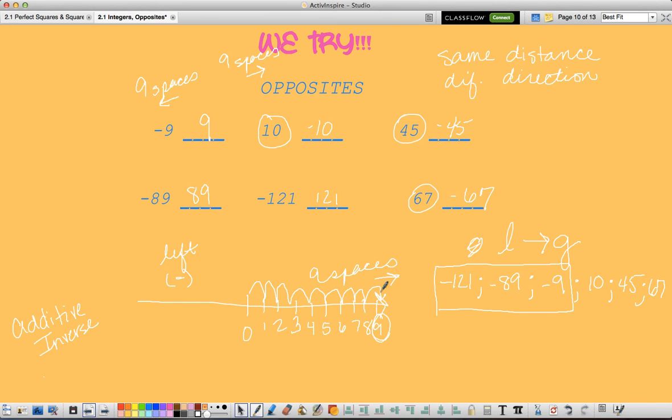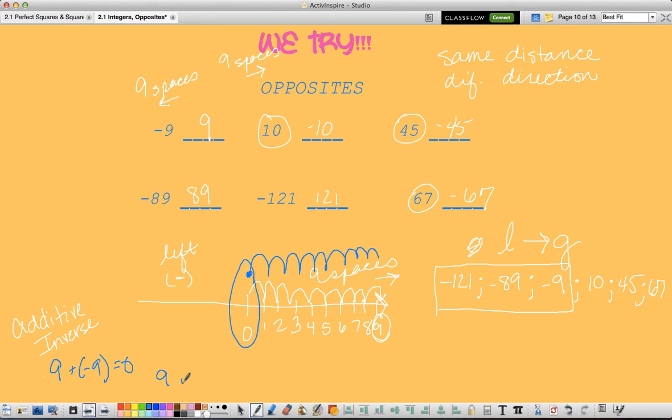So if I went 9 steps to the right, I got to 9, and then if I went 9 steps to the left, so 1, 2, 3, 4, 5, 6, 7, 8, 9, I'm back at 0.